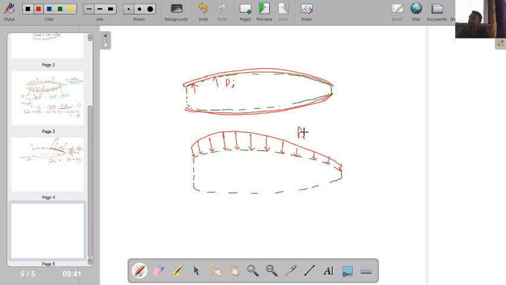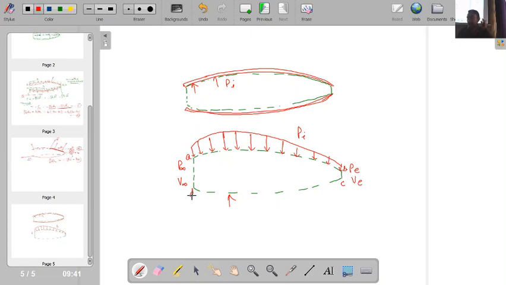Here I have already considered the pressure is P infinity, velocity is V infinity. Here pressure is PE, velocity is VE. Like this, there will be pressure from the bottom side also, that I am not drawing over here. So say this is my control volume A, B, C and D.